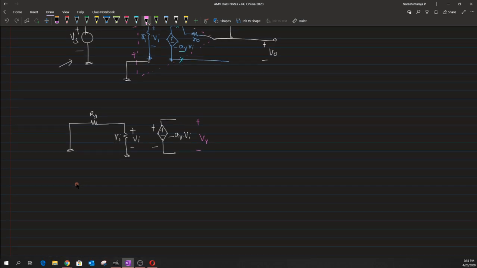So whatever signal we are getting out of these two nodes is being measured as the VR signal, or the returned signal. Just because it's a voltage controlled voltage source, we are measuring this output of this dependent source as VR.